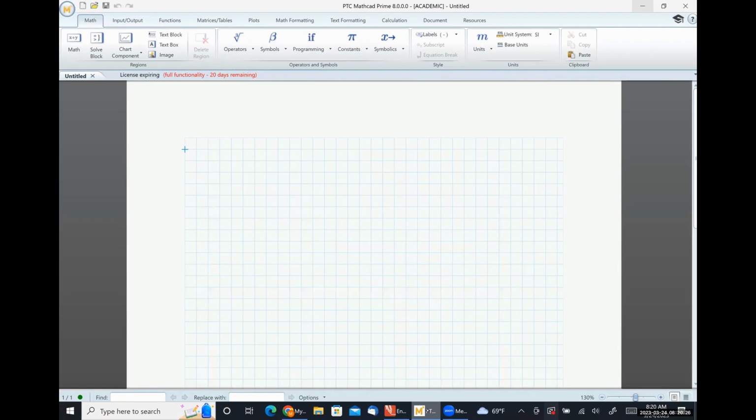You're going to have to bear with me as there's going to be a lot of switching back and forth between the screens so that I can remember the equations. One thing I want to point out is that there's currently an issue with the VPN on campus, which means it's difficult, not impossible, but difficult to access MathCAD from off campus.